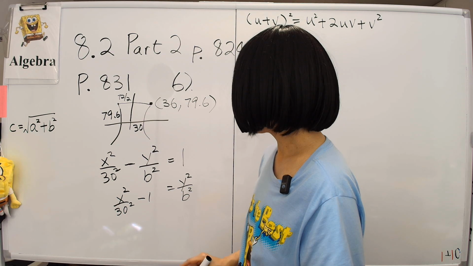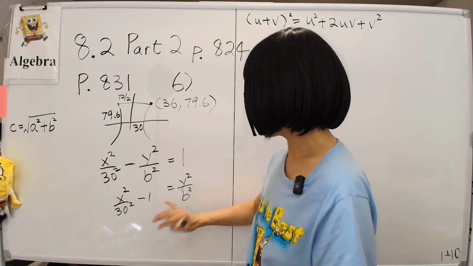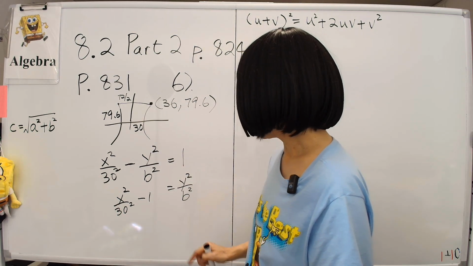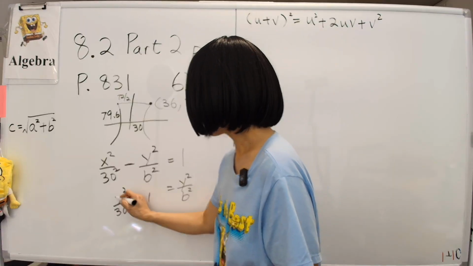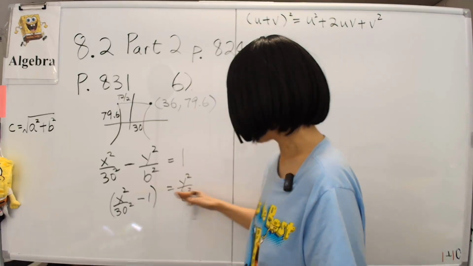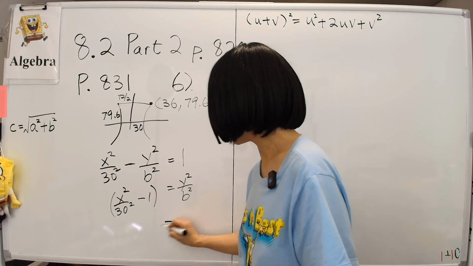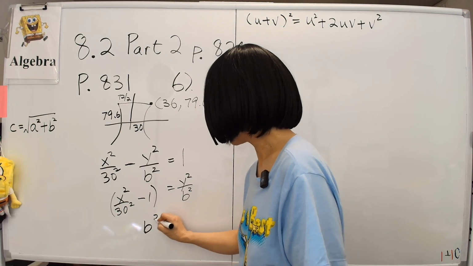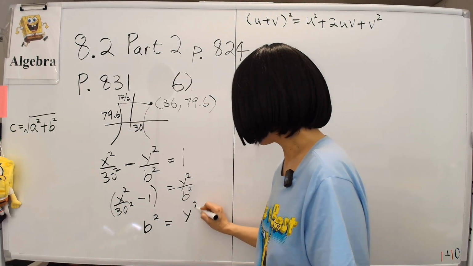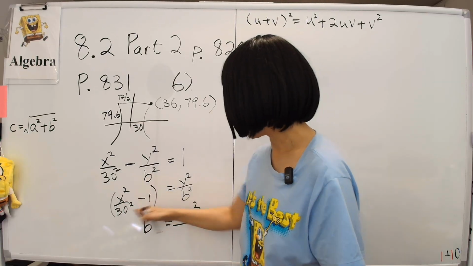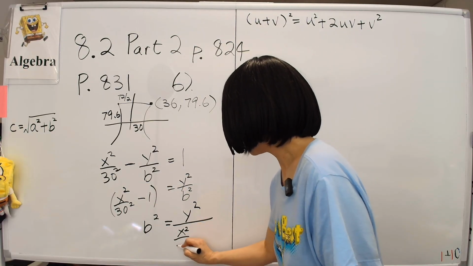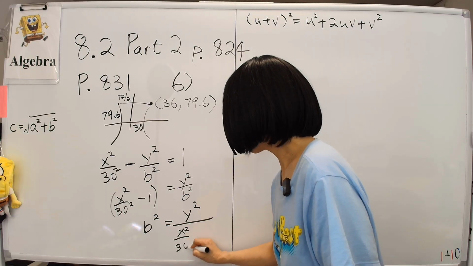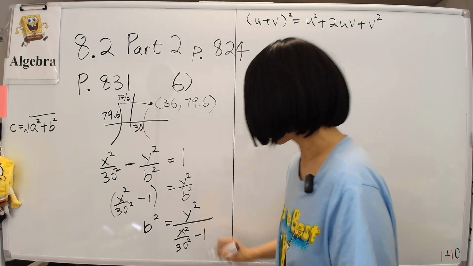And then we're going to flip this around, being that b is in the denominator. I'll move the b over here, and move this whole thing down here. So the equation reads like this. B squared equals y squared divided by this entire chunk, which is x squared over 30 squared minus 1.